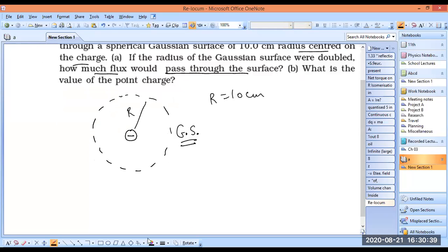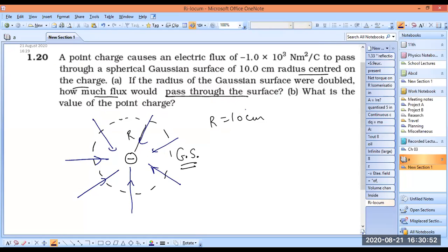So in this case, because it's a negative charge, electric field lines will come towards the charge like this, right? So now the question is that instead of this Gaussian surface, if we take radius of Gaussian surface double. So instead of this Gaussian surface, let's call that number 1. Instead of that, we have another Gaussian surface over here. Let's call that Gaussian surface 2.